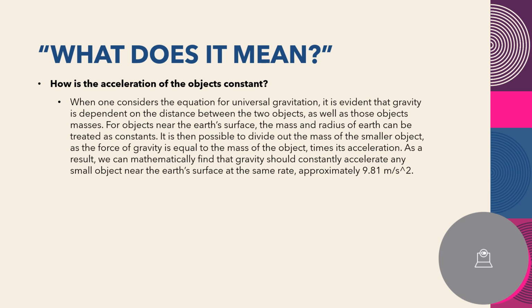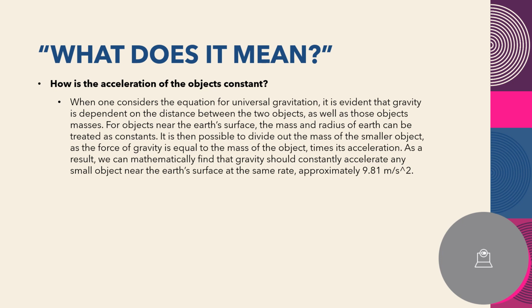So how is the acceleration of the objects constant? When one considers the equation for universal gravitation, they will see that the force of gravity is dependent on the masses of both involved objects and the distance between those two objects. For an object that is near the surface of the Earth, that can be approximated as the radius of the Earth and the mass of the Earth for two of those values.